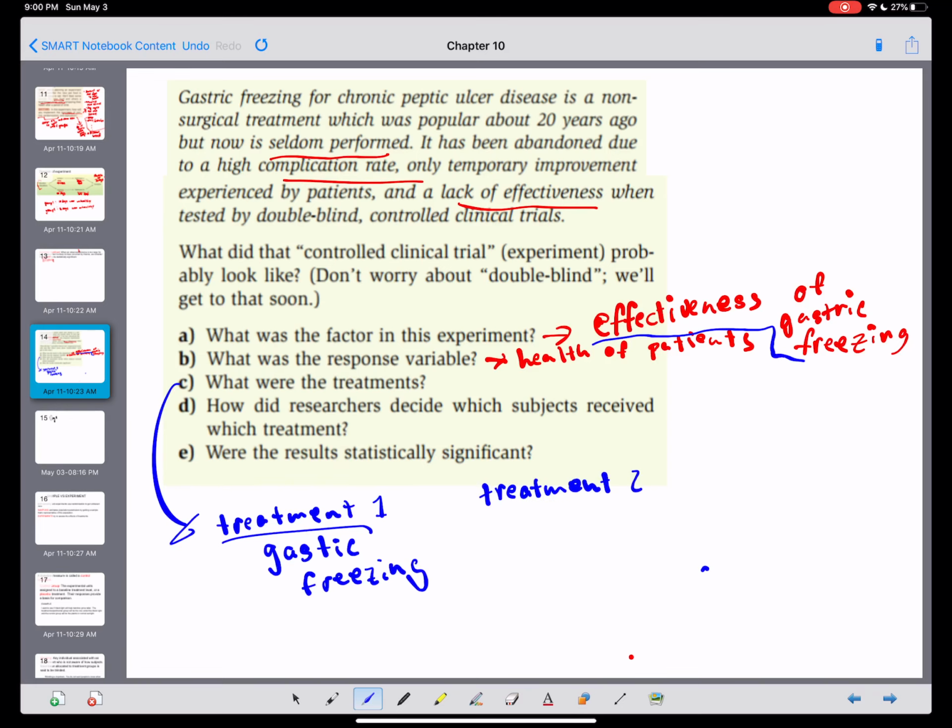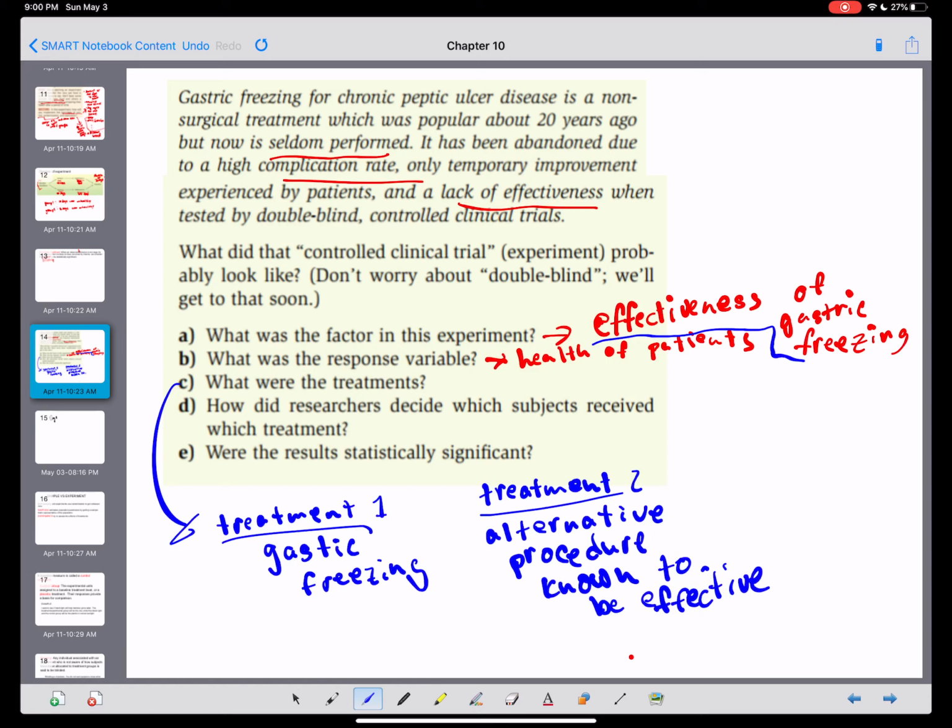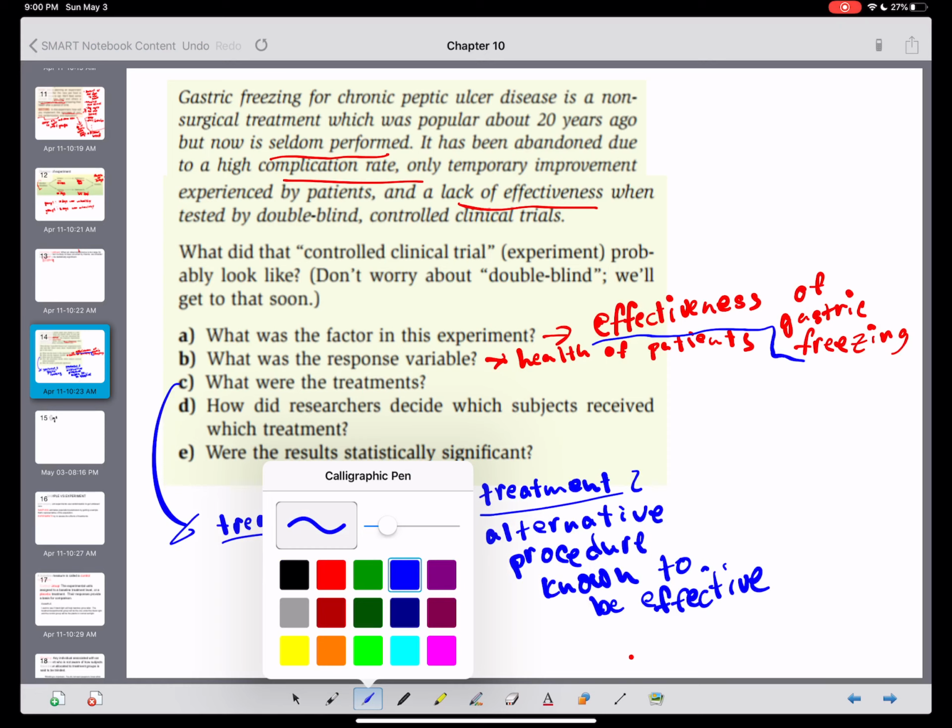You want to compare how effective it is. So you want to compare it to an alternative procedure known to be effective. You want to compare it to something that you know already works, to compare the numbers.